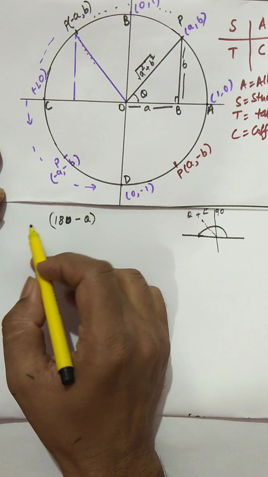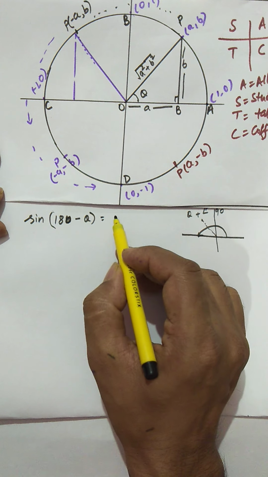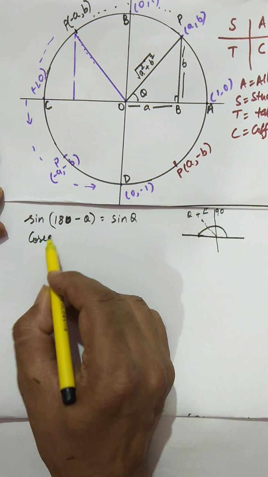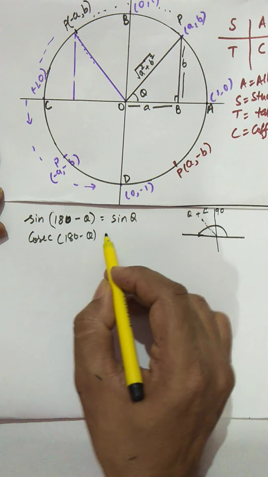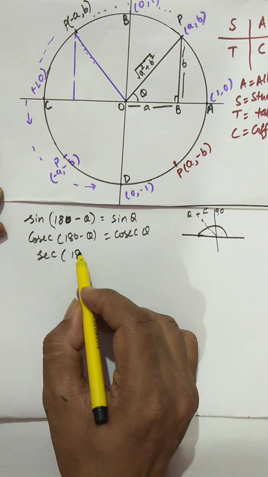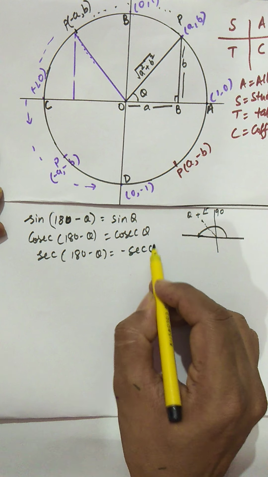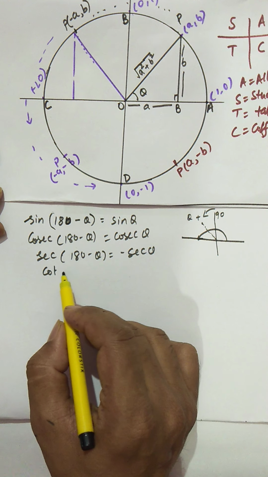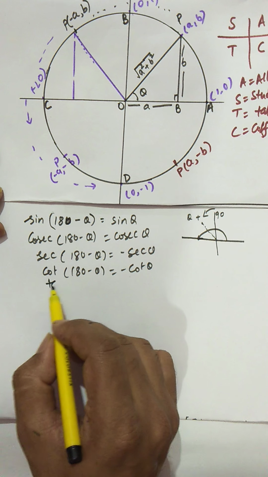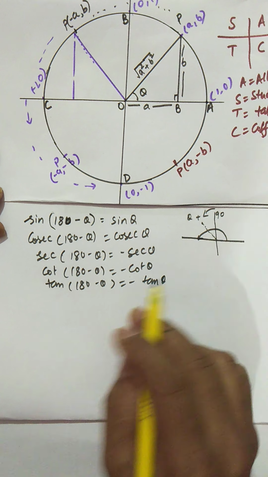So I can write now that sine 180 minus theta is going to be sine theta, and cosec 180 minus theta is going to be cosec theta, and sec 180 minus theta is going to be minus sec theta, and cot 180 minus theta is going to be minus cot theta, and tan 180 minus theta is also going to be minus tan theta.